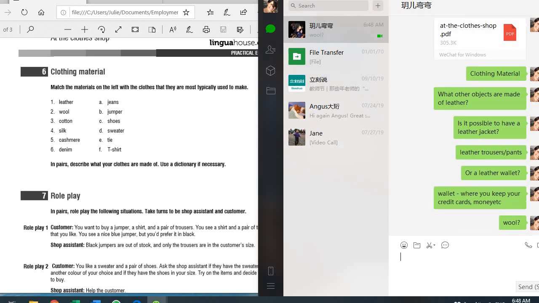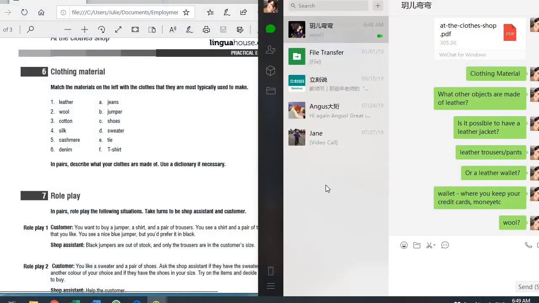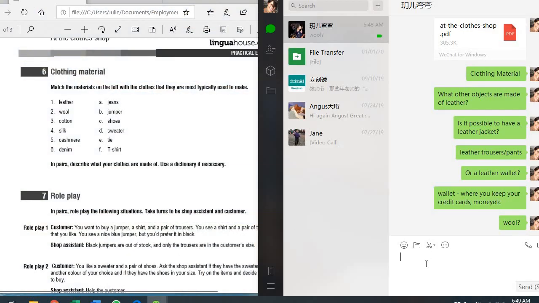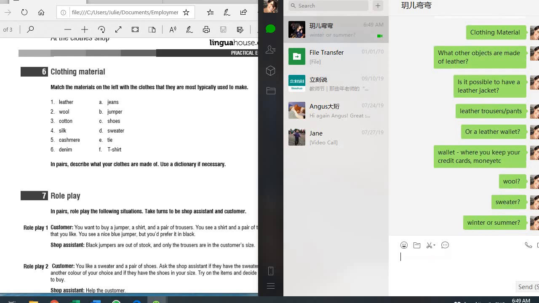Perfect. Okay, what about wool? The wool is used to make a sweater. Sweater, perfect. Exactly. So a wool sweater is usually used in winter or summer? When is it usually worn?